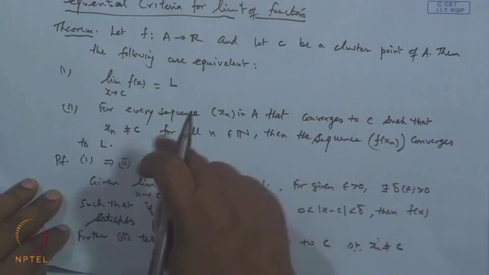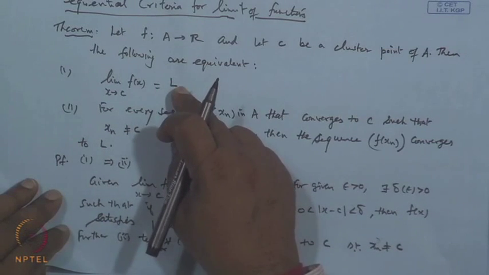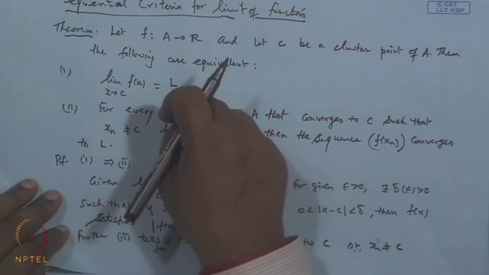So instead of showing that 1 implies 2, we are assuming 2 is true, but 1 does not hold.